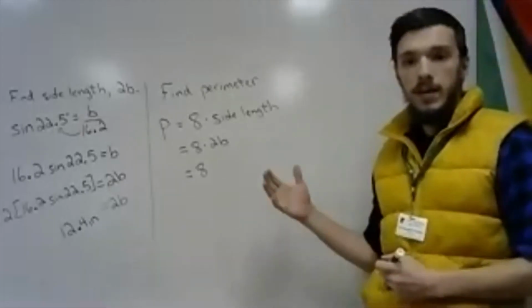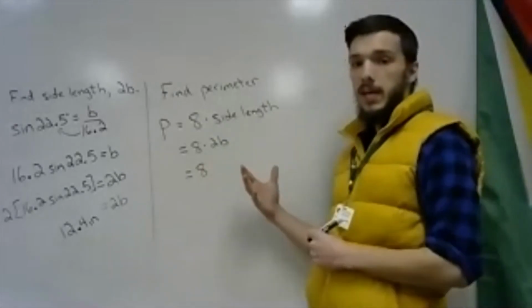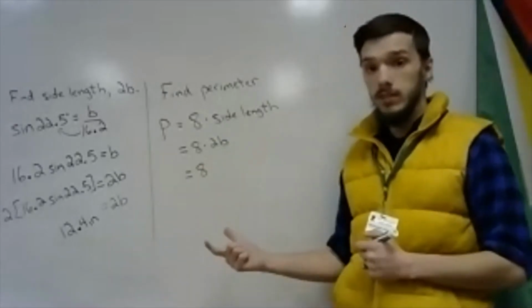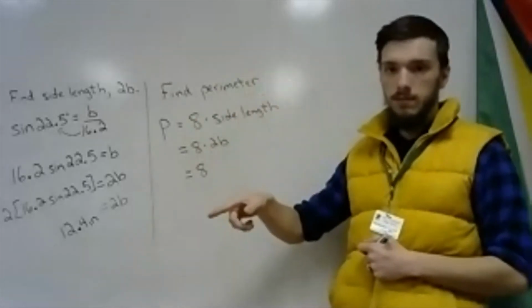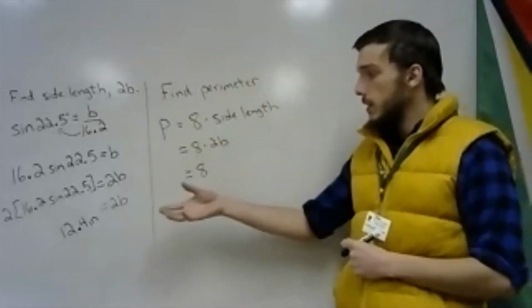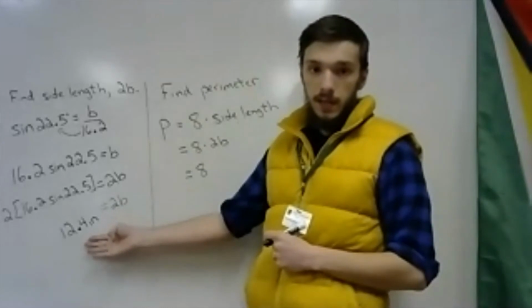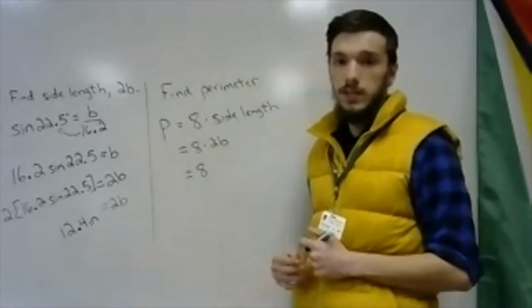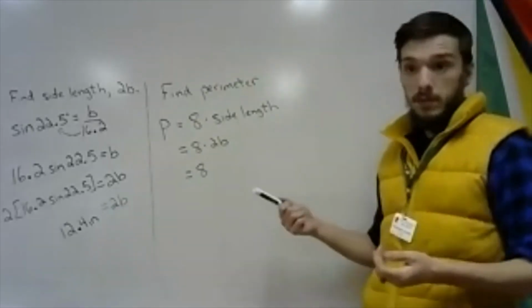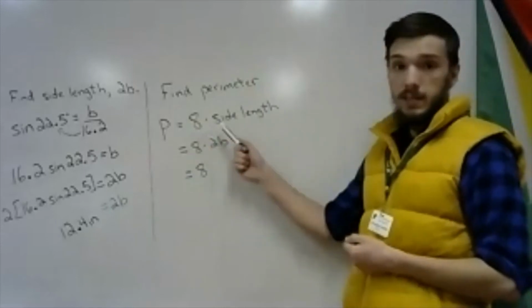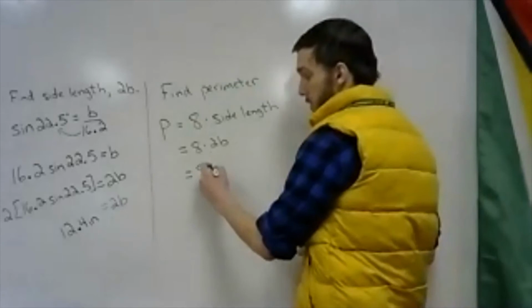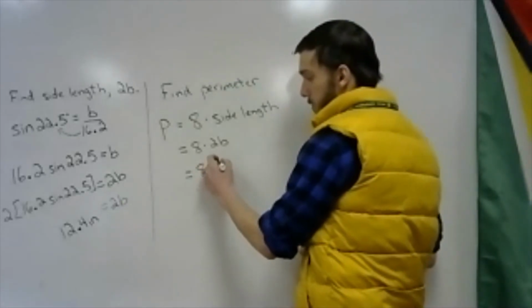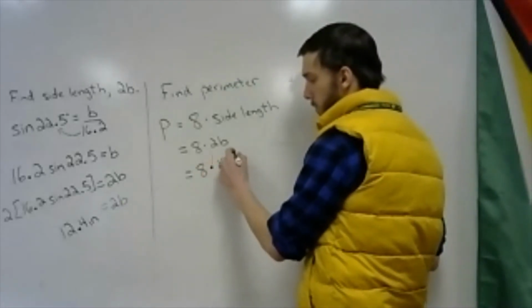So when we want to find the perimeter, we need to take the length of one of our sides and multiply it by the number of sides of our polygon. We found that one side was 12.4 inches. So to find the perimeter, we're just going to multiply 8 times the side length, which is 8 times 2B, which is 8 times 12.4 inches.